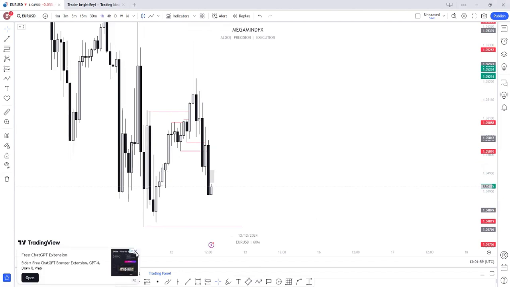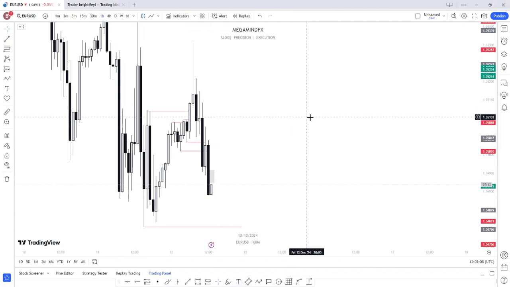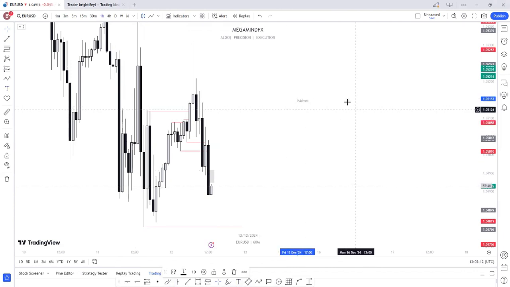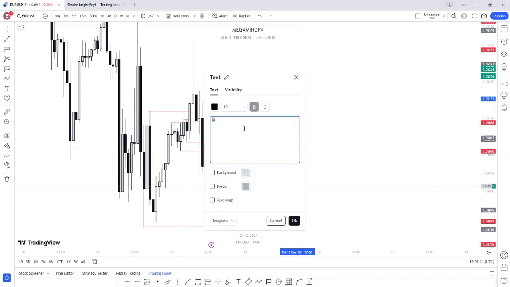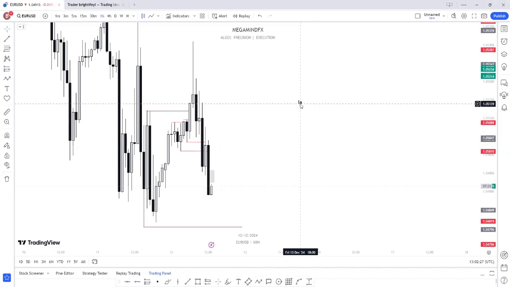The first thing I consider is... where's my text? This is too small. Let me increase that.